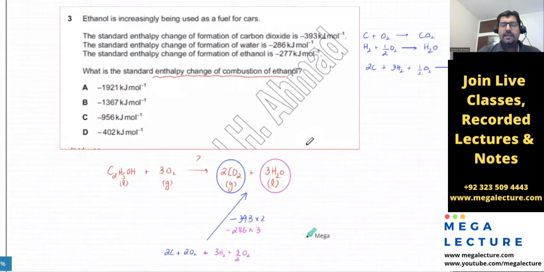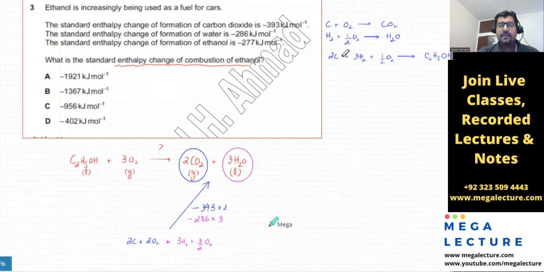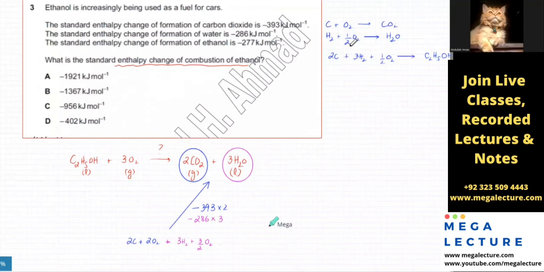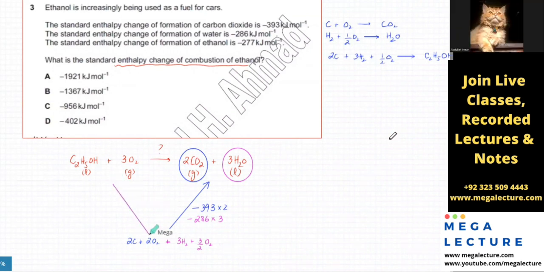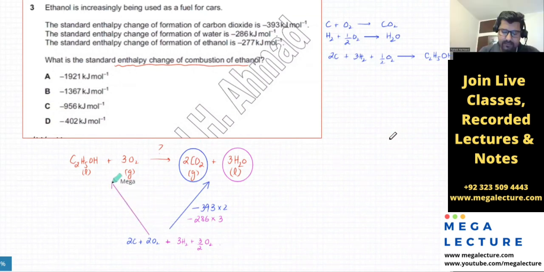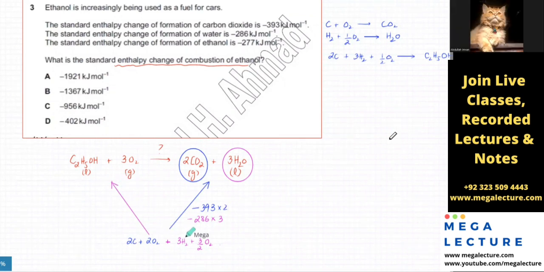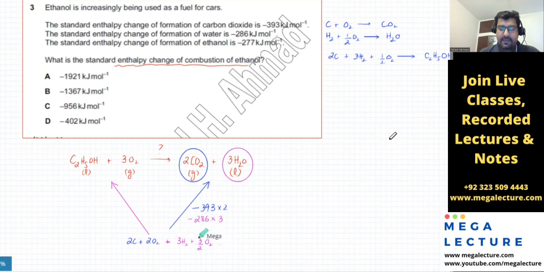Then they've also given me the enthalpy of formation of ethanol. To form ethanol, you need 2 carbons plus 3 H2, so you can go in this direction. If you want to form ethanol from its elements, 2 carbons plus 3 hydrogens plus half oxygen over here, that would do its job.